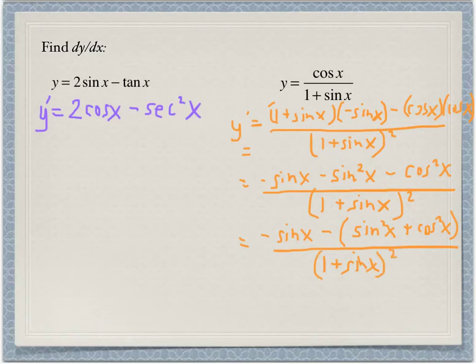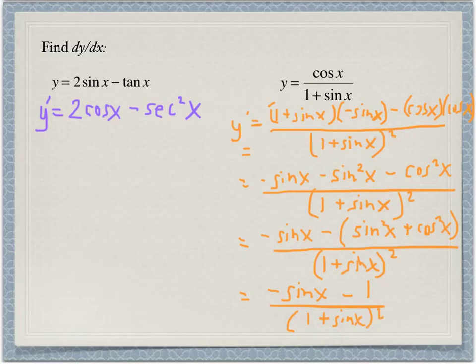And especially those of you who are just coming from pre-calc, you might remember that sine squared plus cosine squared is 1. So I'm really going to have negative sine x minus 1 over 1 plus sine x squared there.